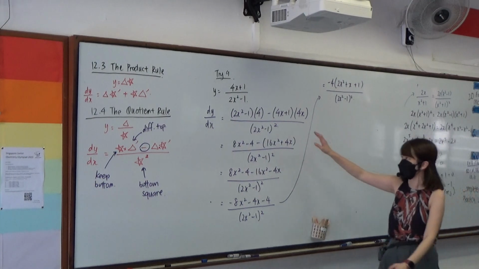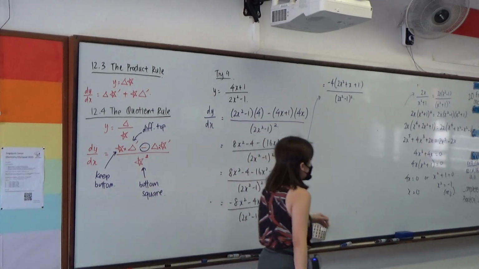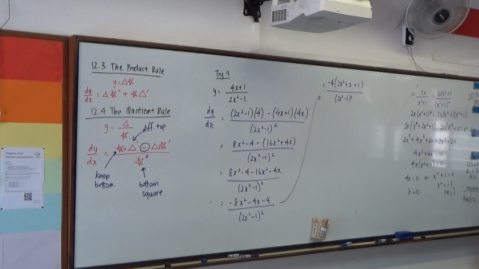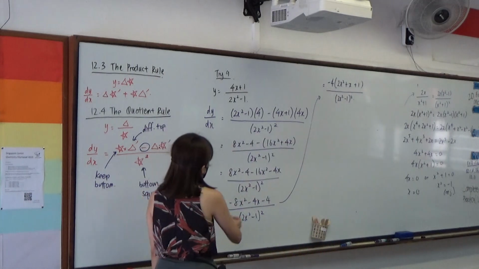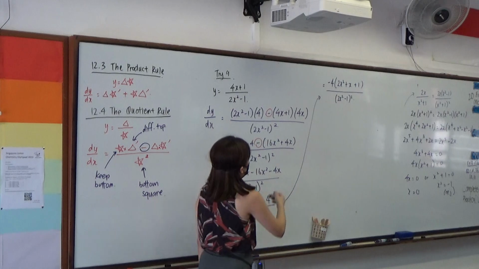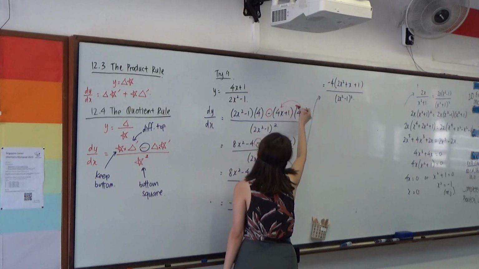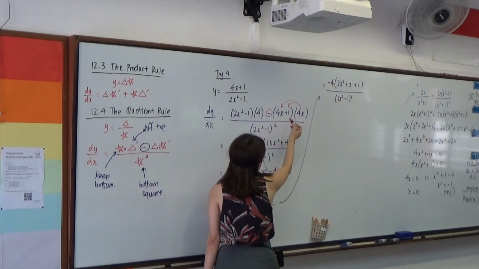The quotient rule was being applied. Then after that, in terms of simplification, something to take note of is that there is a minus sign outside here. You do your rainbow for your 4x and 4x as well as the 1.